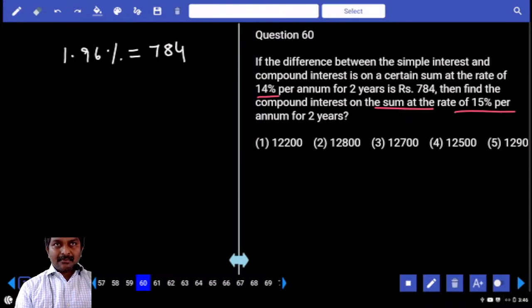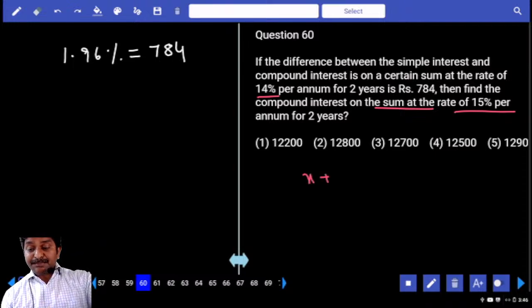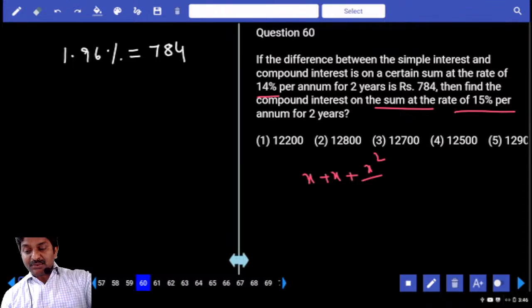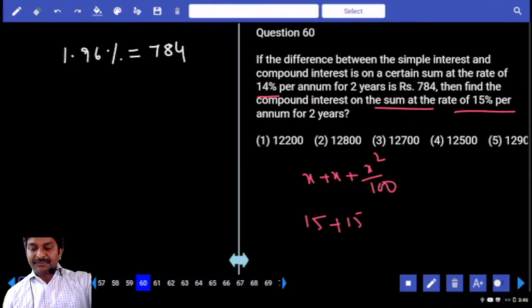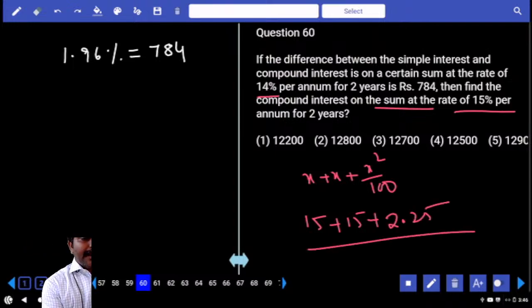Now the question is to identify, on the same sum which is 100%, the compound interest for 2 years at 15% per annum. Compound interest at the rate of x% for 2 years is x plus x square by 100. x is 15, so 15 plus 15 square by 100, which is 2.25. That is 32.25%. Yes.